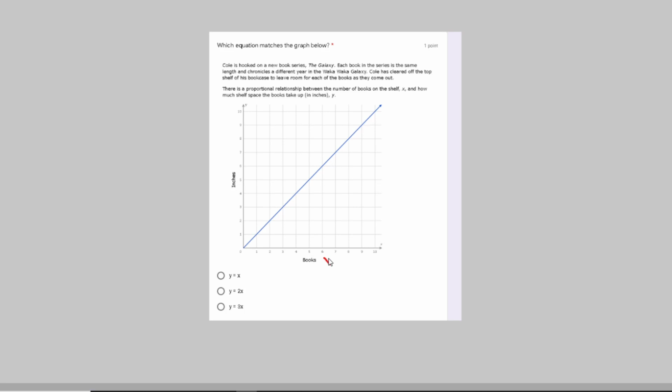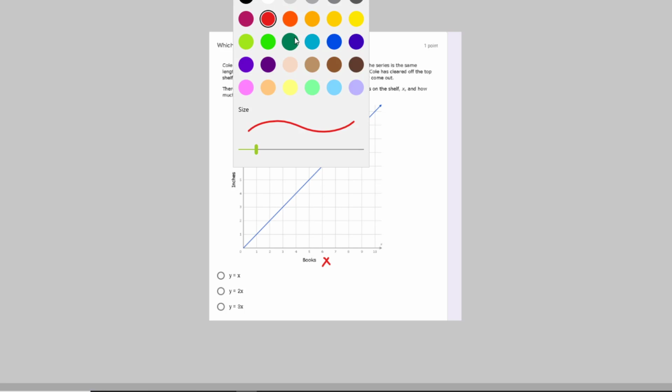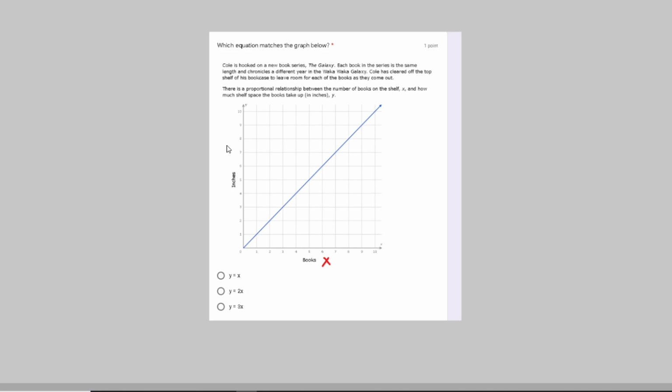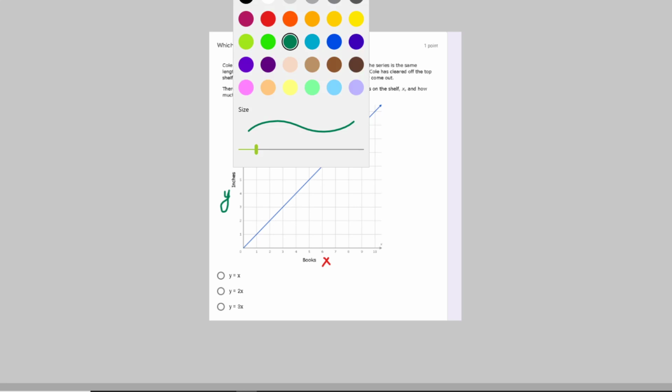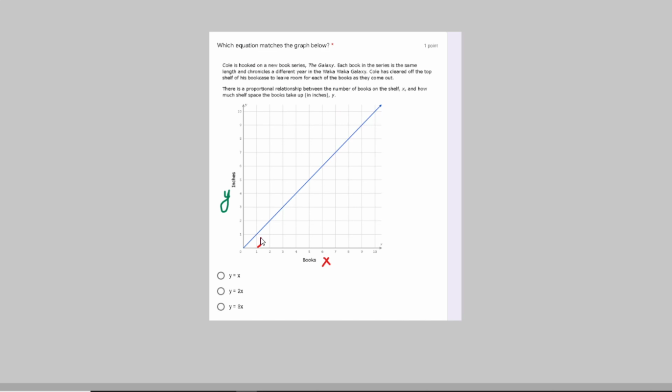So our books are X, our inches are Y. This is how much shelf space these books are taking up. So it looks like one book here takes up 1 inch of shelf space. Well, 1 and 1 are the same number.